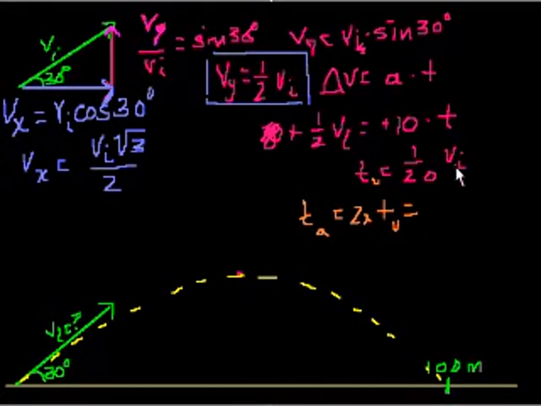And that equals 2 times this, which is equal to 1/10 v sub i, or v sub i over 10. So we know now how long this object will stay in the air as a function of its initial velocity in this 30-degree direction.